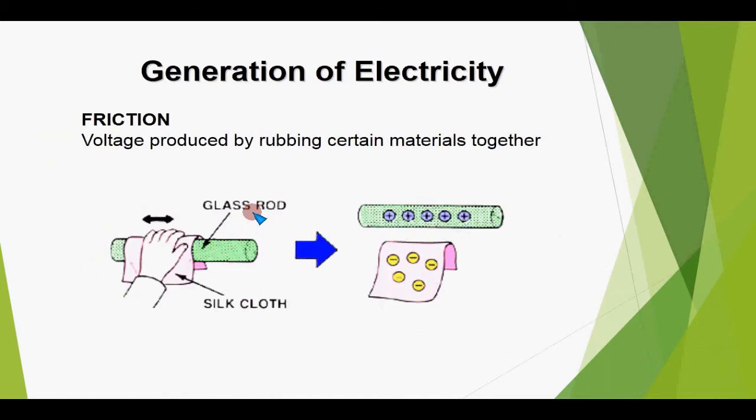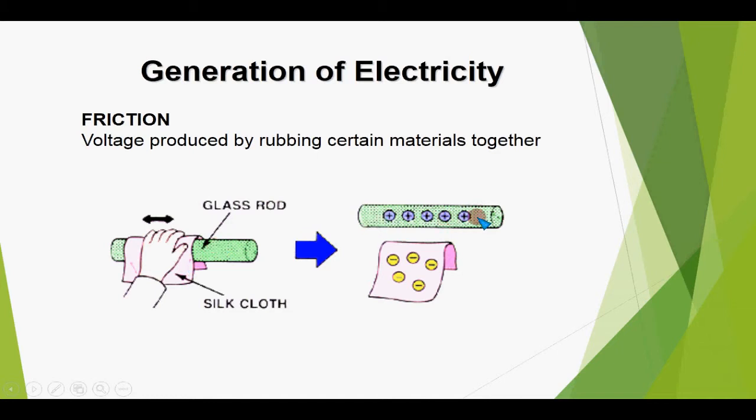Then there is the frictional force that is used to produce electricity. Voltage produced by rubbing certain materials together would create the electricity in them. Here in the example you can see that the glass rod is rubbed with a silk cloth and it will produce the static electricity in the rod and also in the silk cloth.